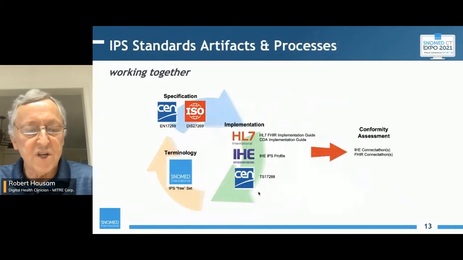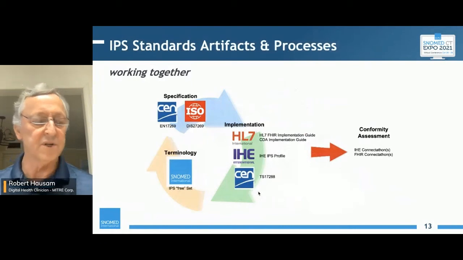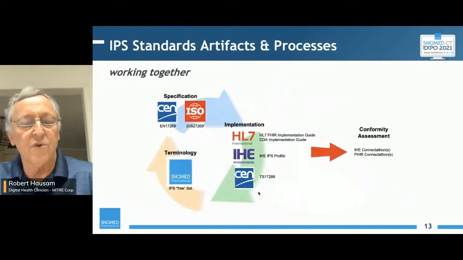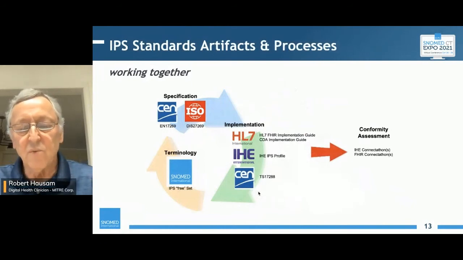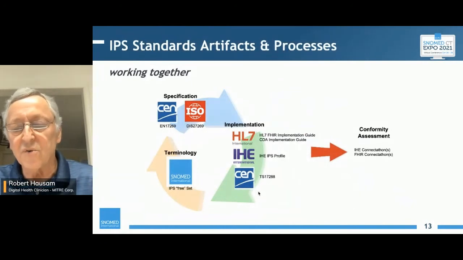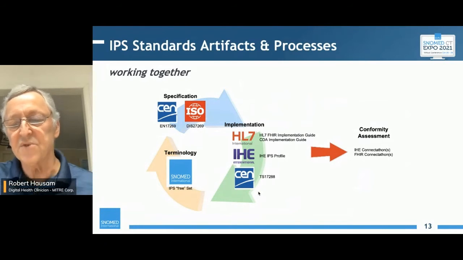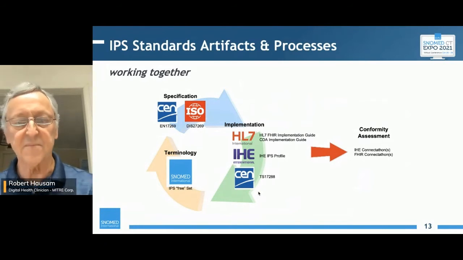The terminology is driven by and feeds into all of that, and there's a feedback loop to this. We'll be talking in a moment about how those feed together and work to further enhance and improve the standards. Then we carry that on into various activities involved in implementation and testing of conformance to the standard, and that would be in the HL7 FHIR and the IHE Connectathons, where we do that detailed testing.